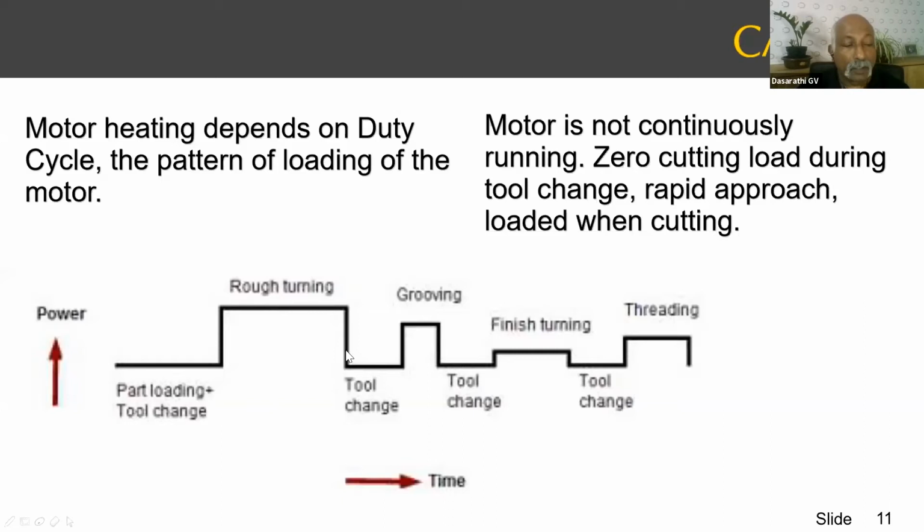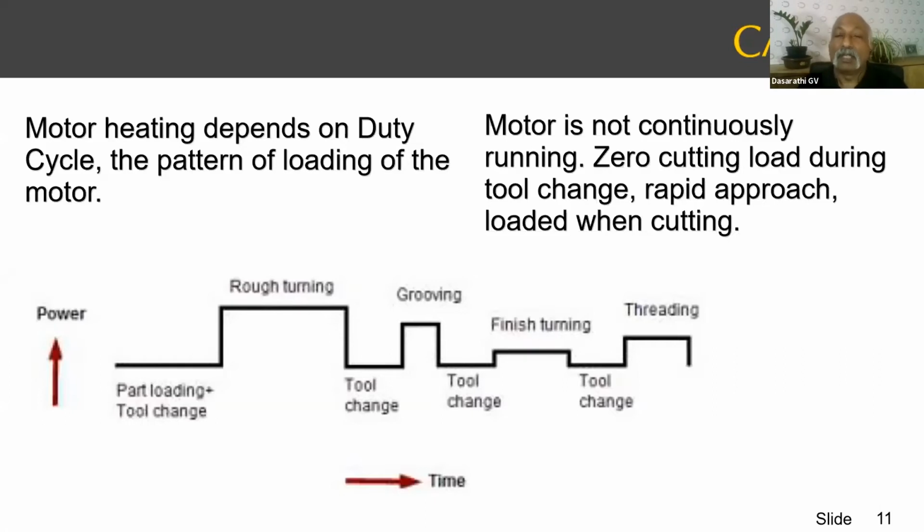Then there's a rough turning operation, which requires heavy power, and it typically takes a long time. The rough turning is quite a lengthy operation. Then you've got a tool change where again, you're back to zero in terms of power. Again, grooving, finish turning, threading, drilling. So a bunch of these operations where the load can be varying.